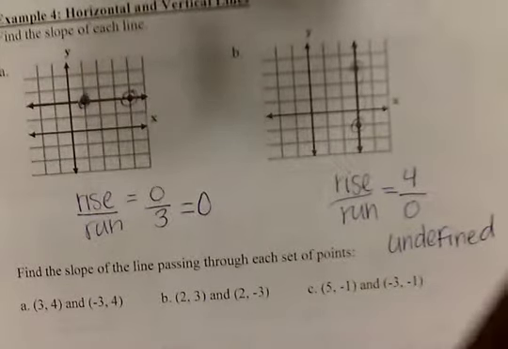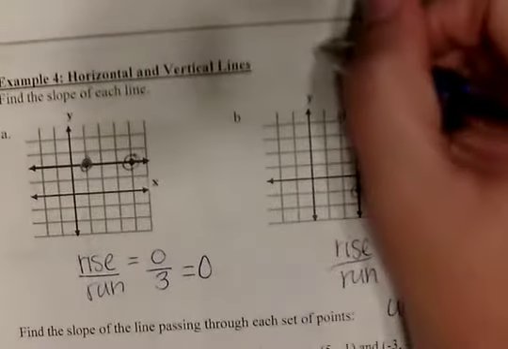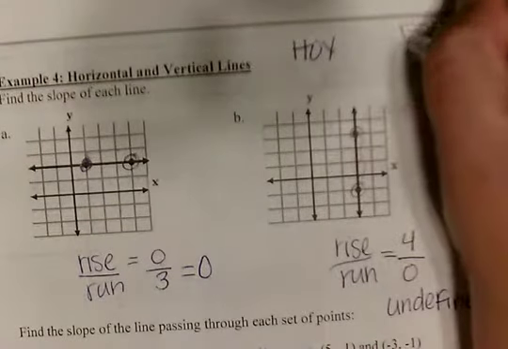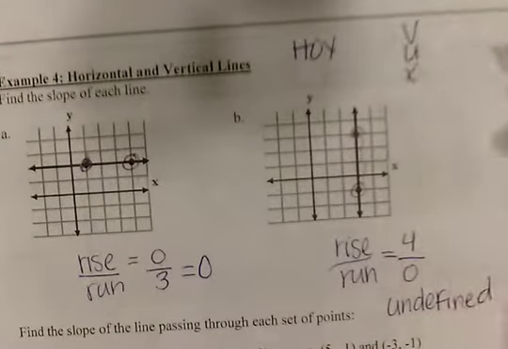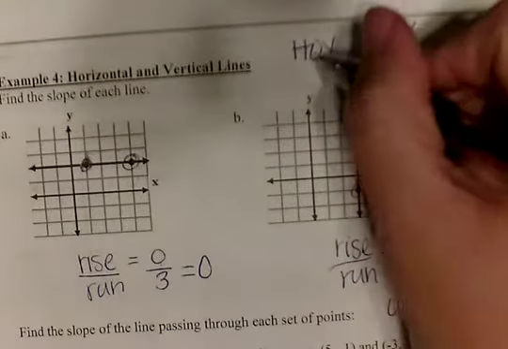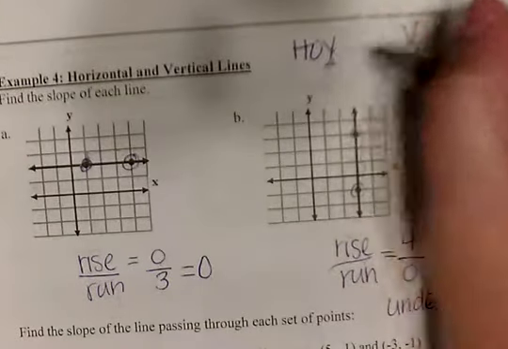And you'll notice on the little sideboard next to the calendar in my classroom, there are the words HOY and VUX. HOY stands for a horizontal line, has 0 slope, and we'll talk about the y at another time.